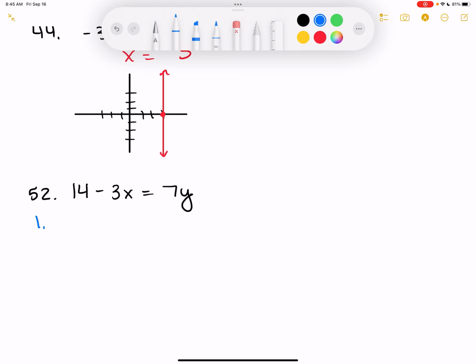So option 1 would be to divide by 7, giving us y is equal to, I'm going to just rewrite it in the order left to right. So -3 over 7x minus, or wait, plus 14. So that would be one option, to put it in slope-intercept form.